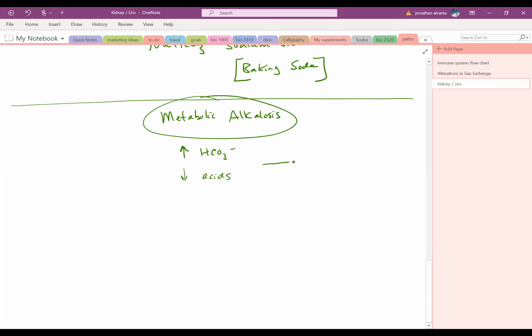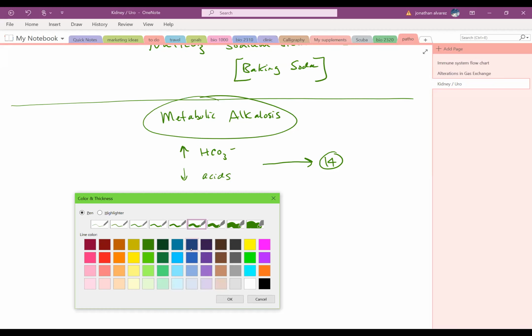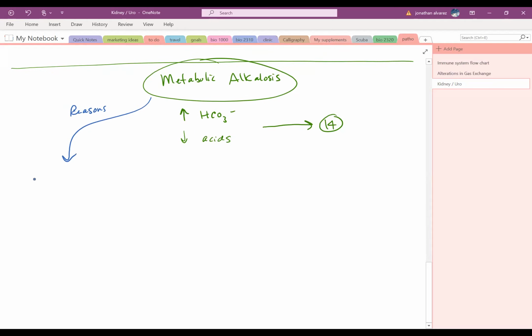Okay, so you're approaching more of the 14 range on the pH scale. All right, one reason for this, and this is a thing, even though you wouldn't think so, is a person consuming increased intake of baking soda.